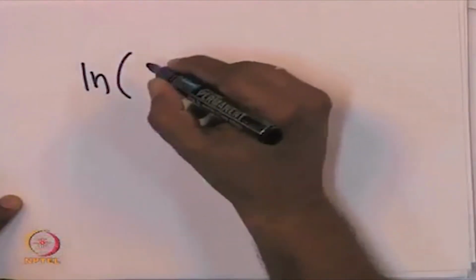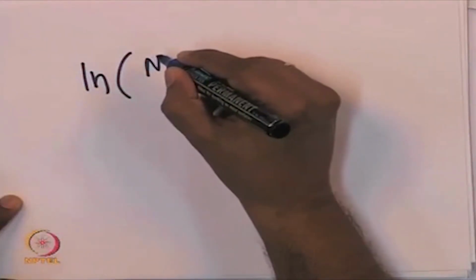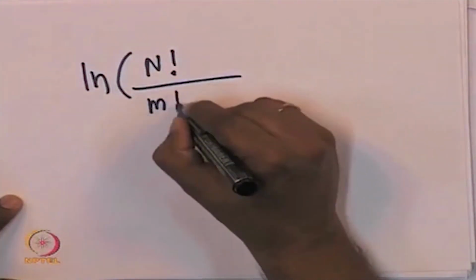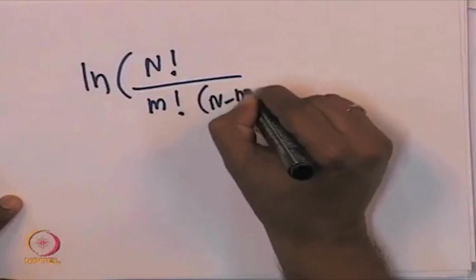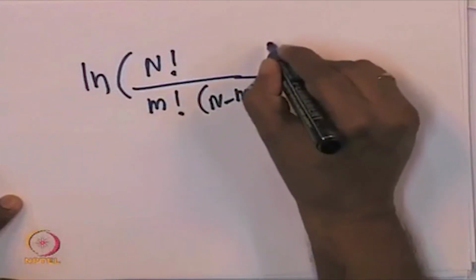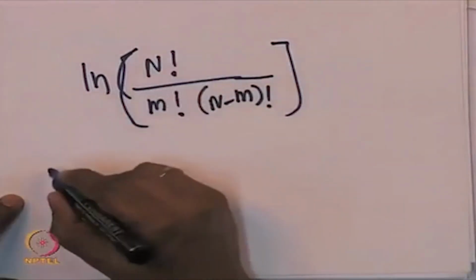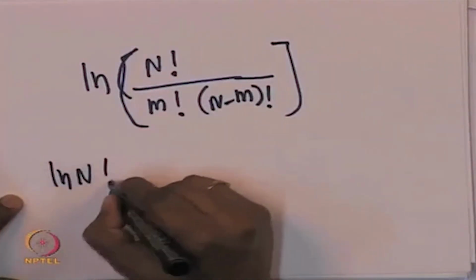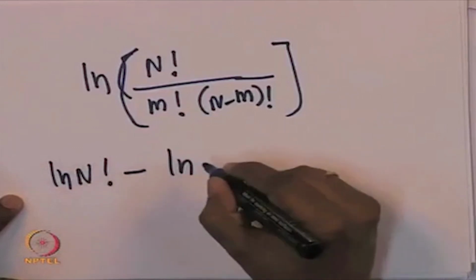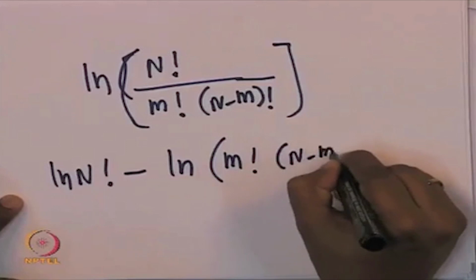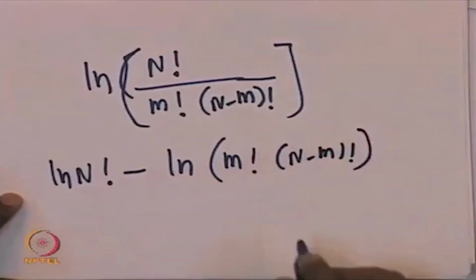So, let us write here log of n factorial by m factorial times n minus m factorial. So, log A by B is log n factorial minus log of m factorial into n minus m factorial.